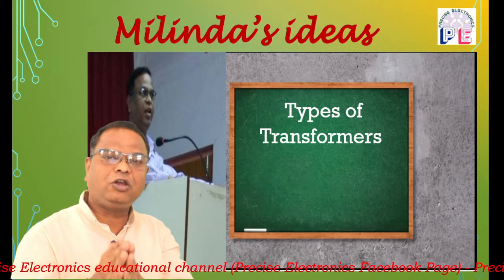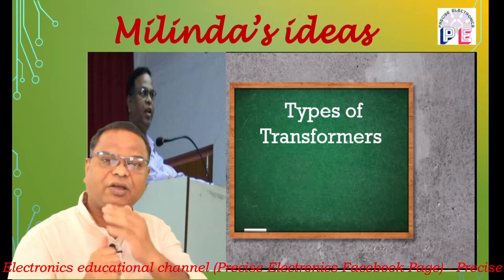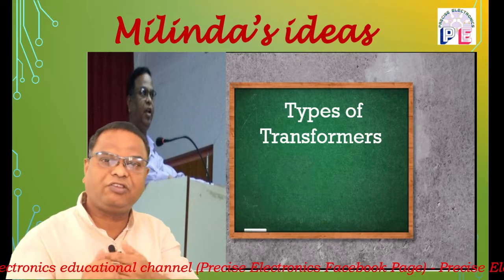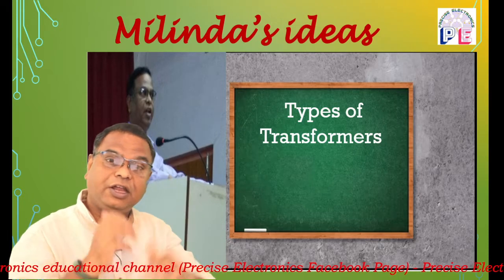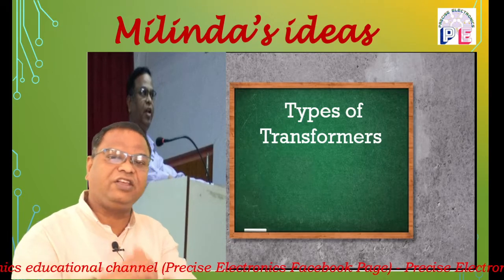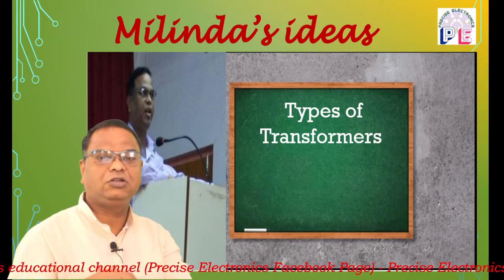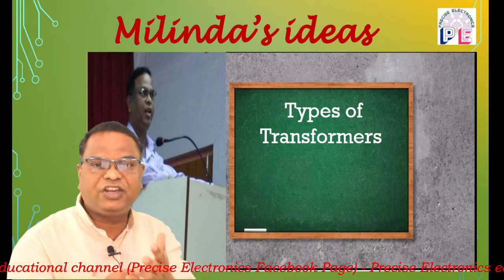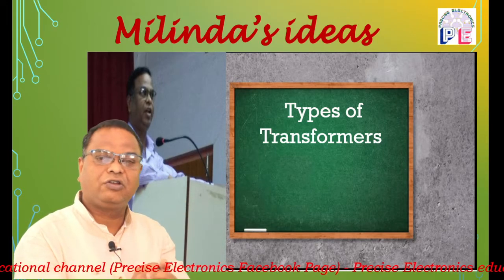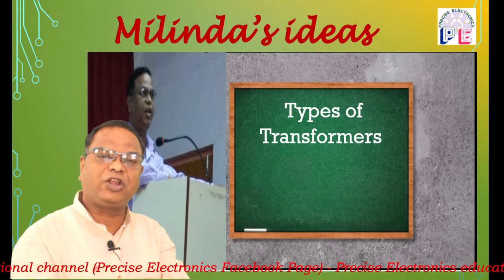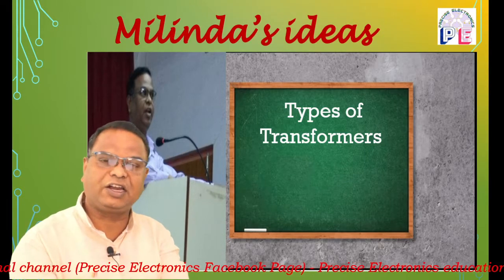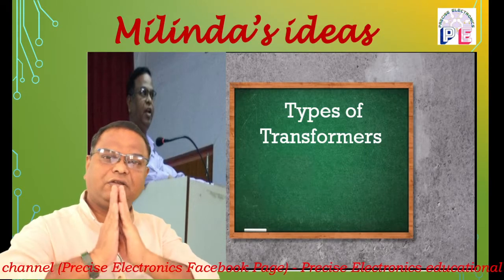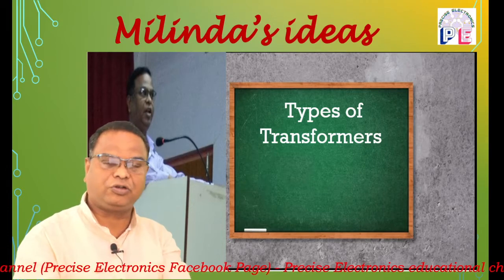The primary coil is the coil to which the input AC voltage is applied. That means the input AC voltage which has to be converted into required AC voltage is applied to the primary coil, while the coil which delivers the output potential is known as the secondary coil. That is the basic about the transformer.